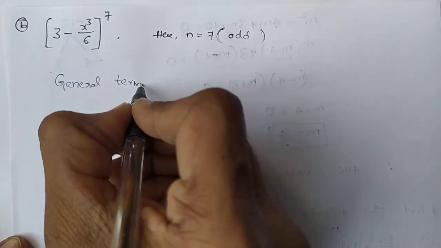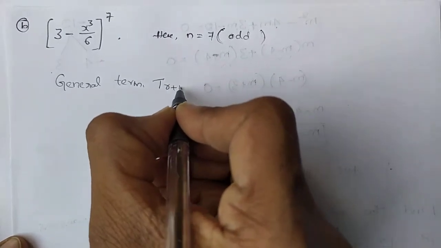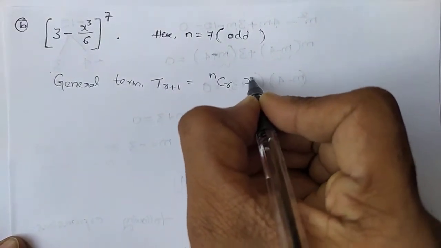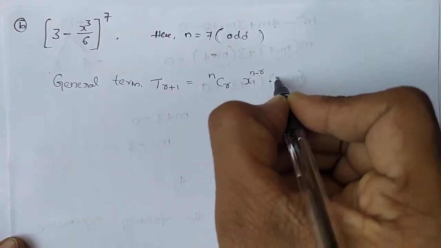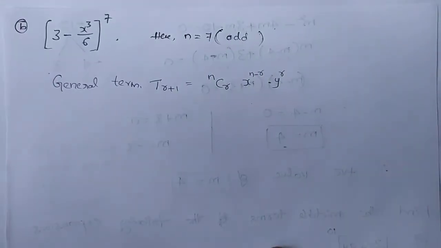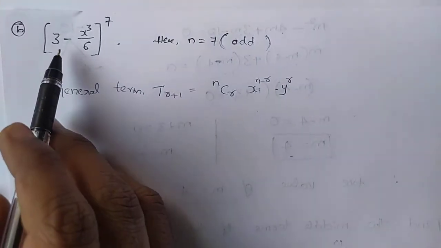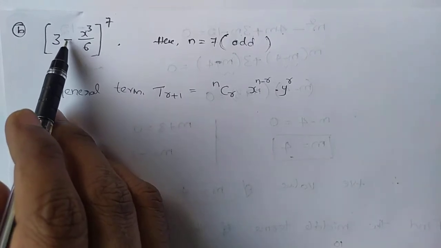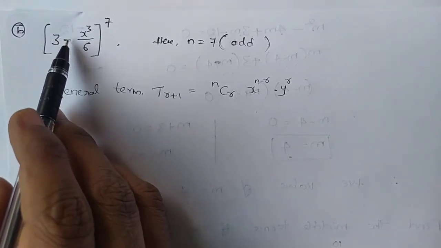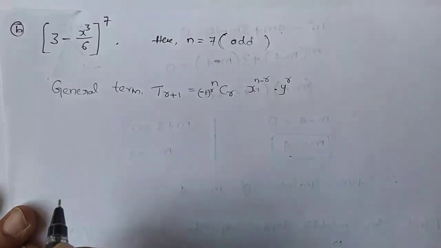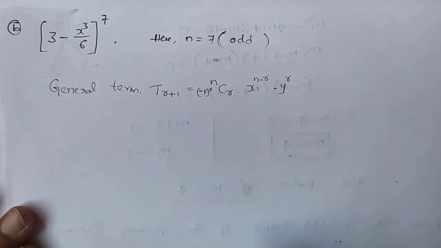General term, T r plus 1 equals n C r x power n minus r into y power r. In the given expansion, we have the sign minus. If there is minus, then in the general term, minus 1 whole power r will be there. These things we already learned, right?